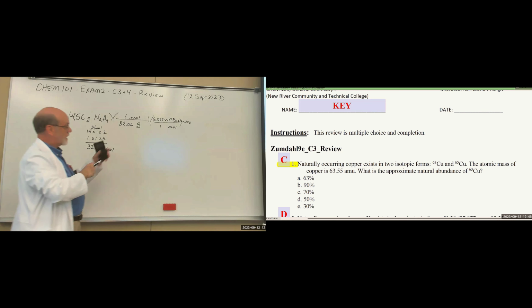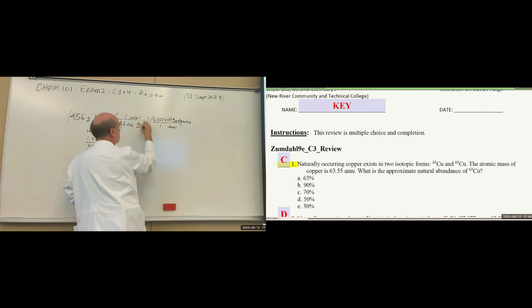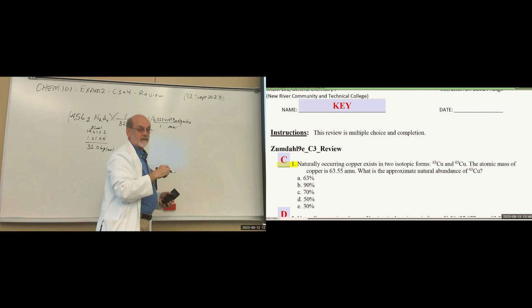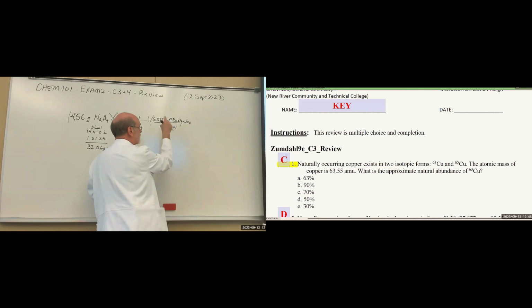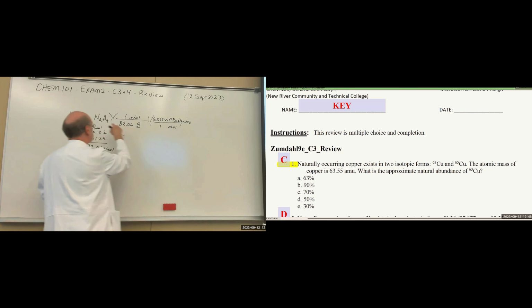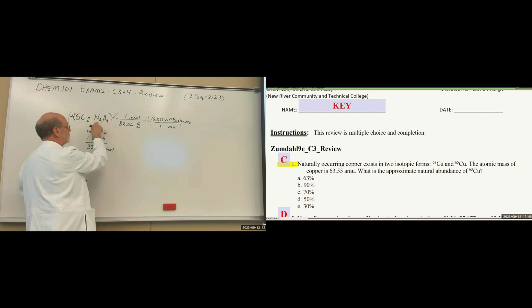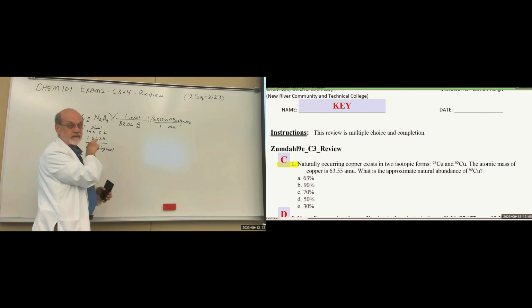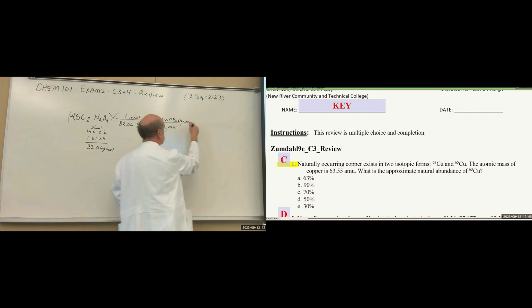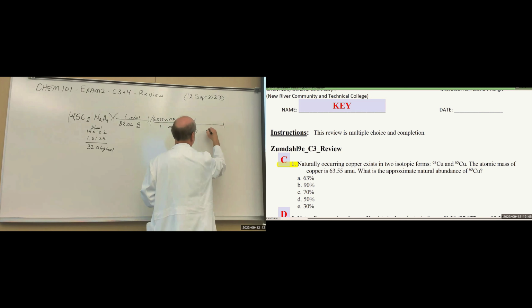That's as far as you've gone at this point. But they want to know how many atoms that is. If you got that many molecules, but there are 2 atoms of nitrogen for every molecule of hydrazine, that's molecules.